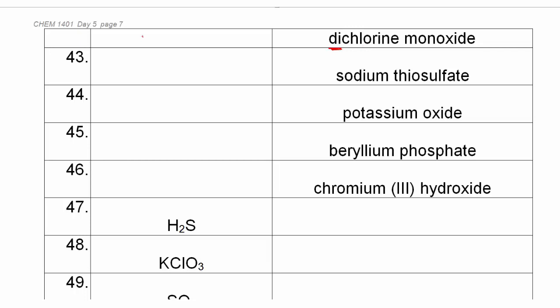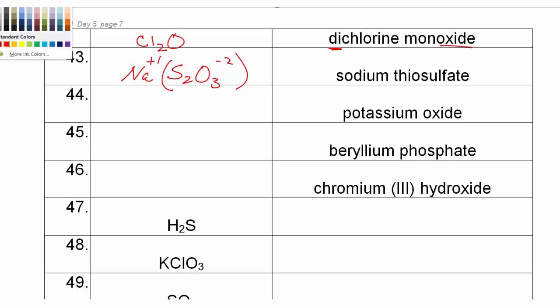So chlorine, and I need 2 of them, and I need an oxygen, but only 1. Sodium thiosulfate. Sodium thiosulfate is S2O3 with a -2. Sodium, remember, is in group 1, so that's a +1. So I'll have a 2 there, a 1 there, or just erase it.